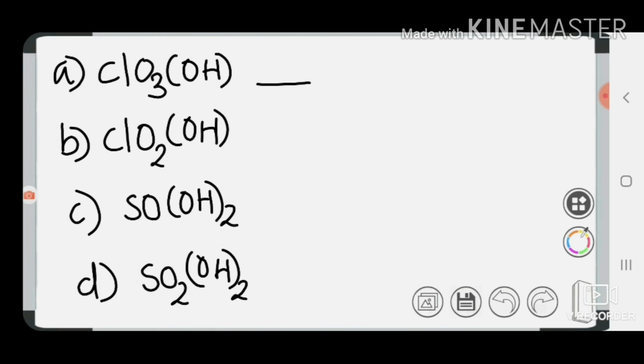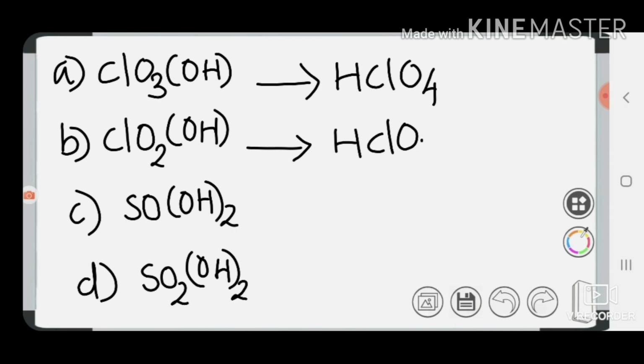You can rewrite the first option, ClO3OH, as HClO4. The second, ClO2OH, can be written as HClO3.